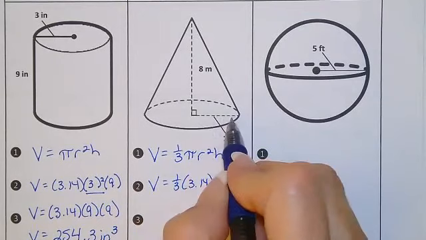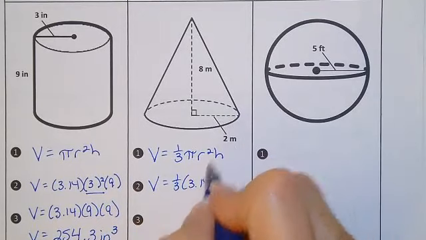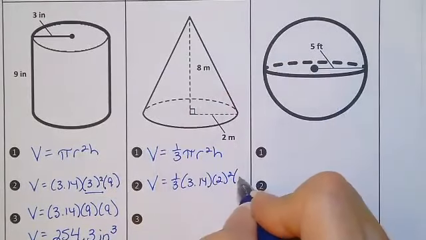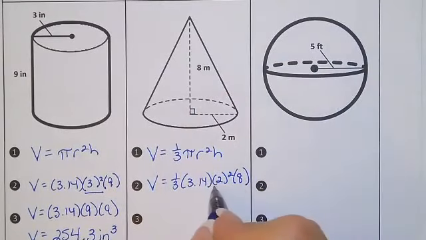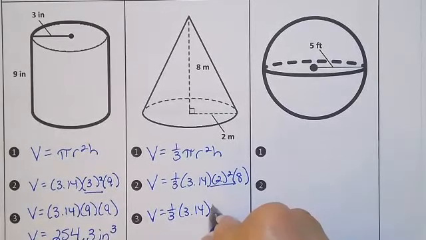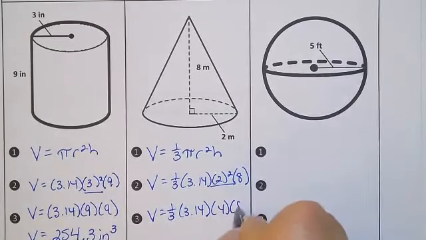Okay, this is radius. It's only half, so it's 2. And my height is 8. I'm going to take care of that first, and I get 3.14, 2 squared is 4, times 8.